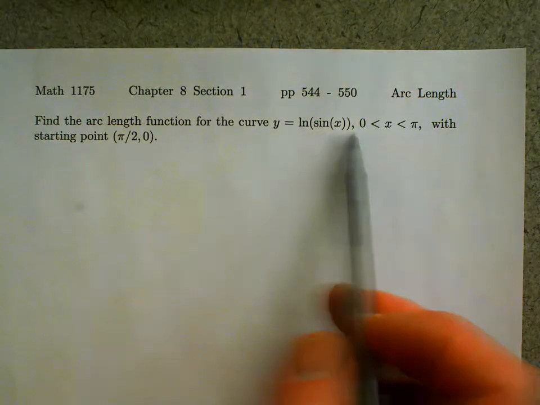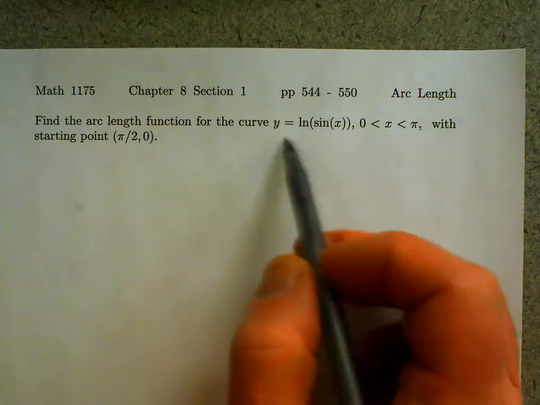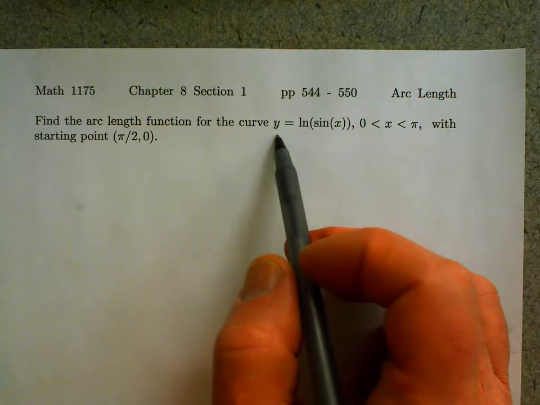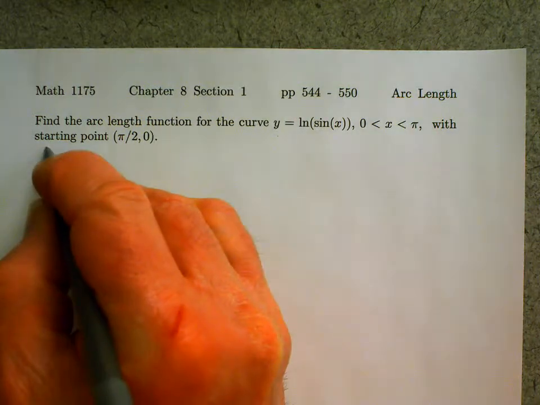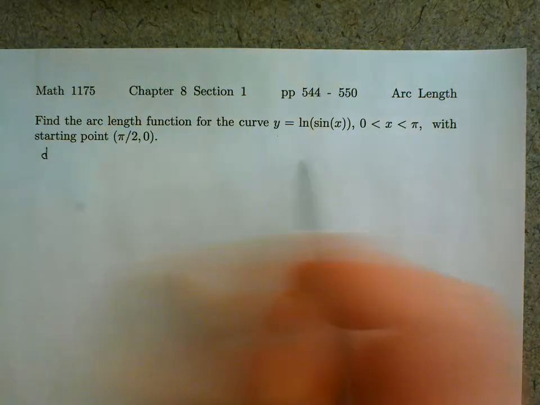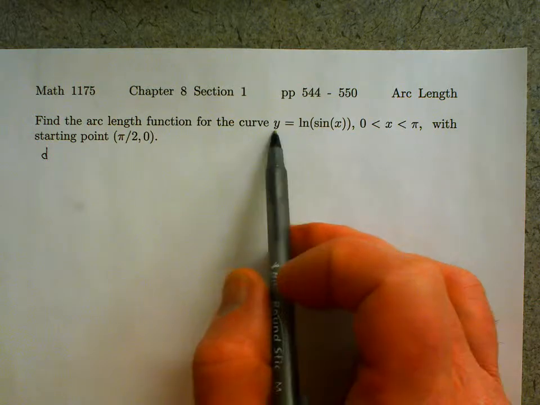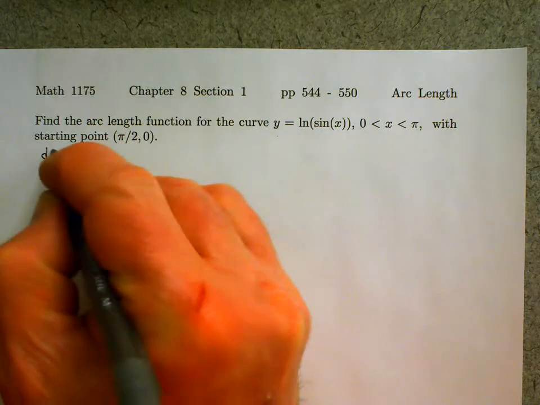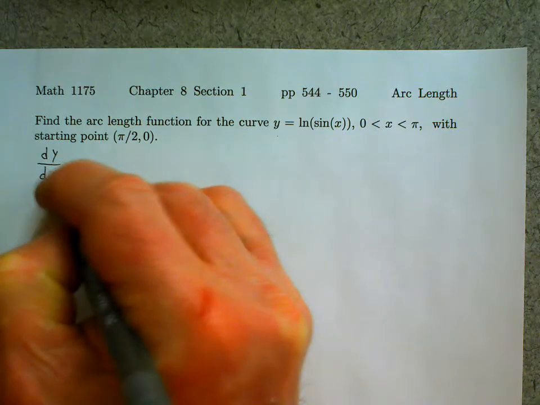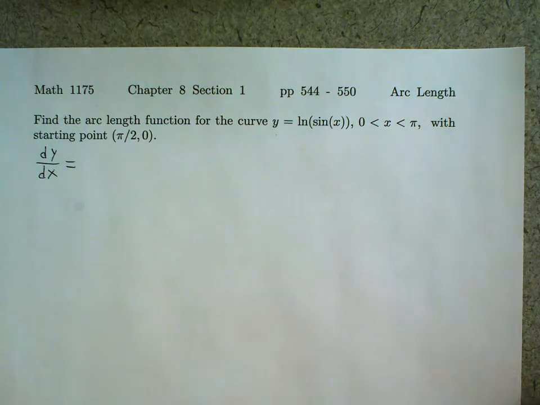Okay, we need to know how to find the arc length, and then we'll use that to define the arc length function. So we need to find the derivative of y with respect to x. Here we are going to use the chain rule.